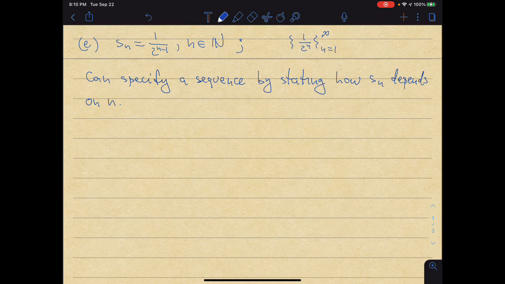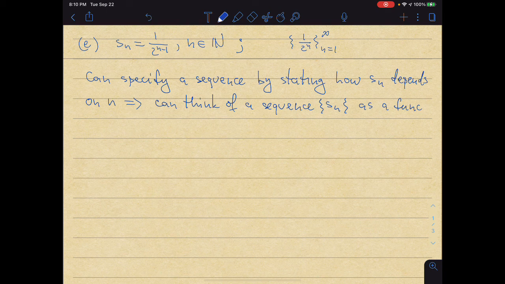So then I can think of a sequence Sn as a function S of n.